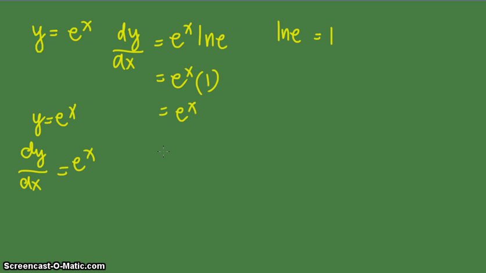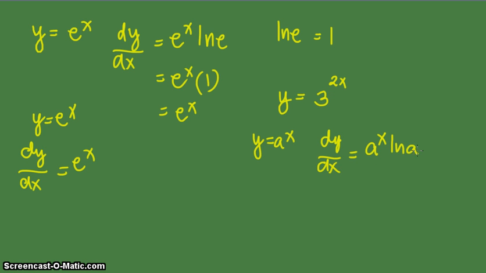Now, let's change the function a little bit. Y is equal to 3 to the 2x. So the rule a while ago for y equals a to the x is that dy over dx is a to the x ln of a.